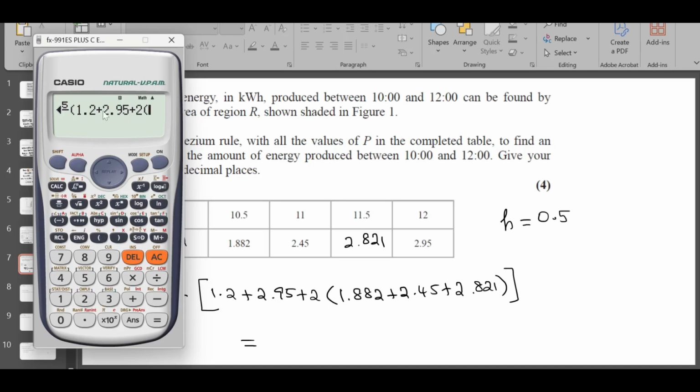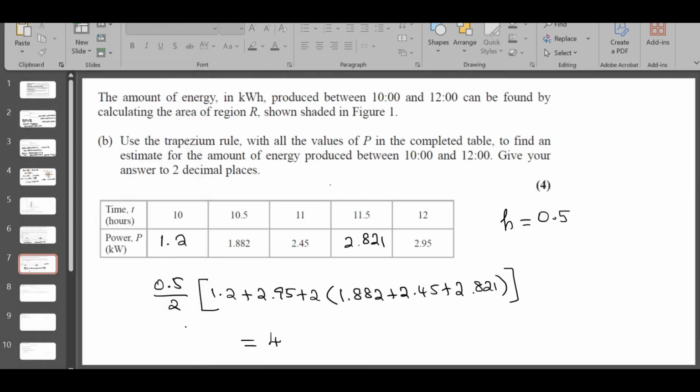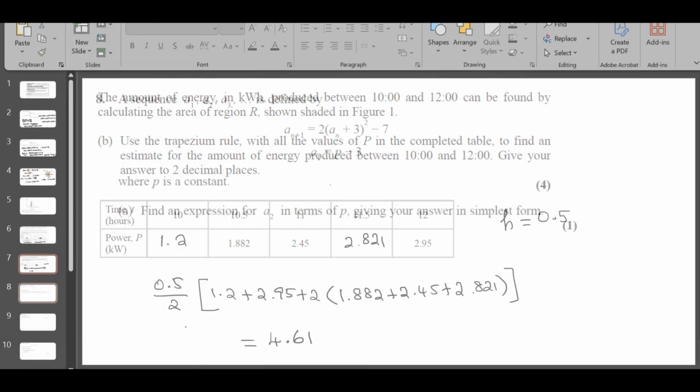We open the bracket twice, so we need to close the bracket twice at the end. 1.882 plus 2.45 plus 2.821, close the bracket again, round it to 2 decimal places, so 4.61 is the answer.